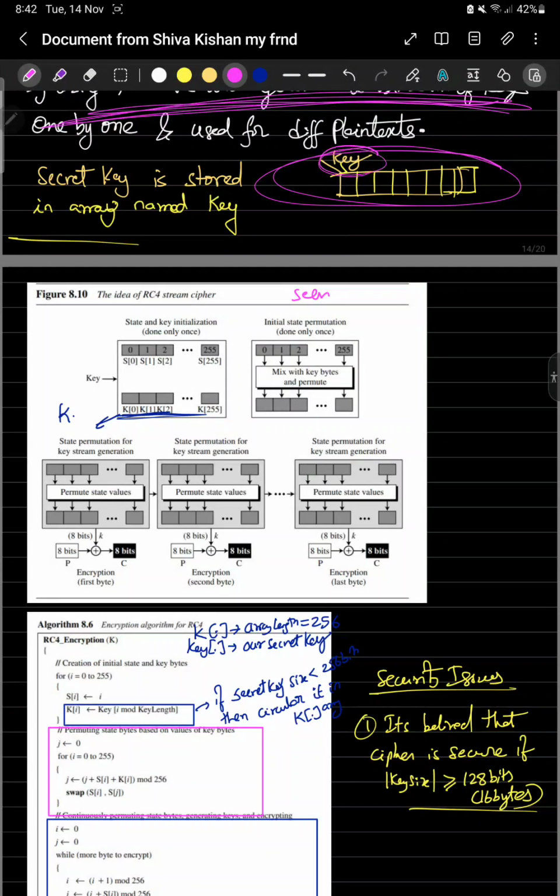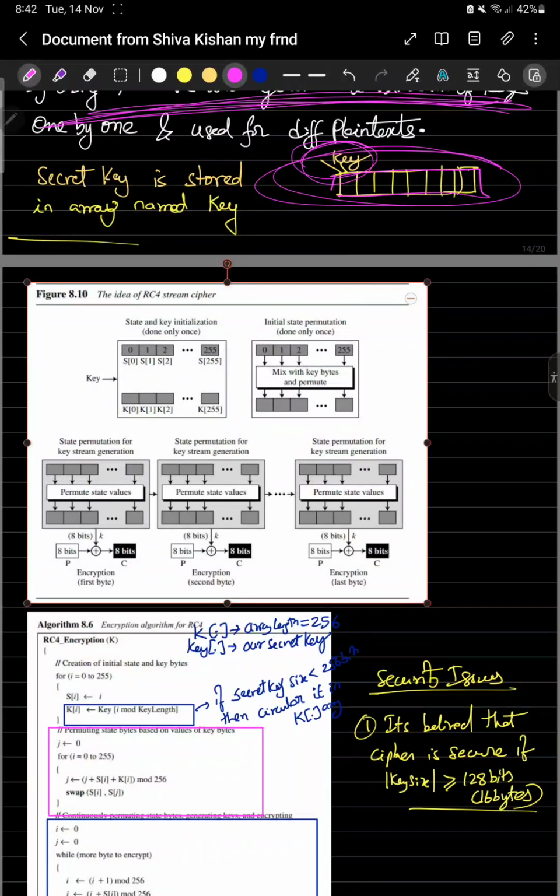This key is very important, it will come in the question. This key is our shared secret key array. We are populating this array, just copying the values of the shared secret key array into here. This K is an array name, and it is always 256 long.